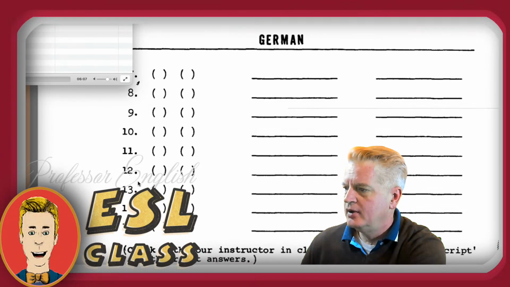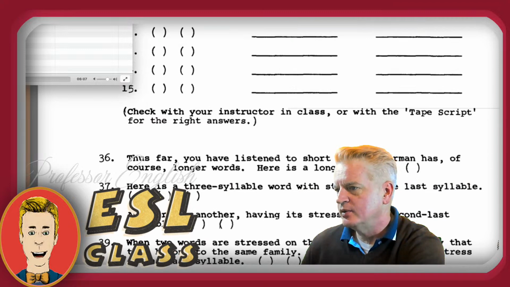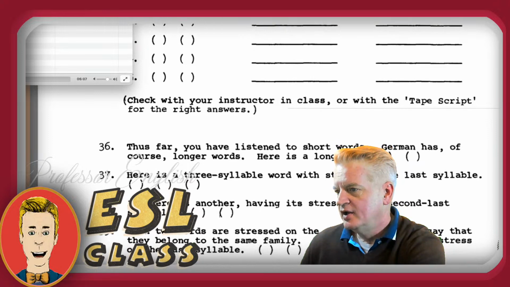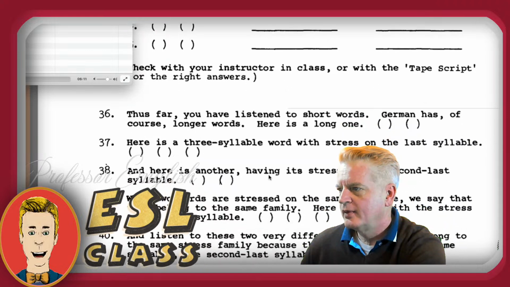36. Thus far, you have listened to short words. German has, of course, longer words. Here is a long one. Streichhölzer. 37.